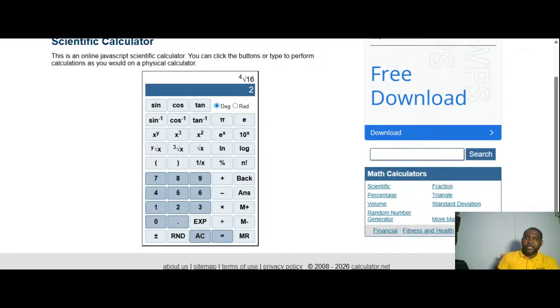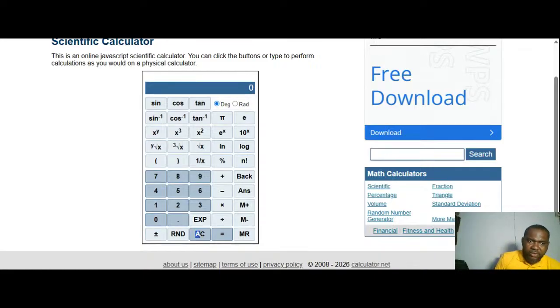Okay, so let me do this again. If I want to write square, this is square root. This one here is cube root. This is for any other root. So if I want to find square root of 25, I'll press this, square root of 25. You can see the answer here, 5. Do you get? If I want to find, let's say, cube roots, this is cube root here.